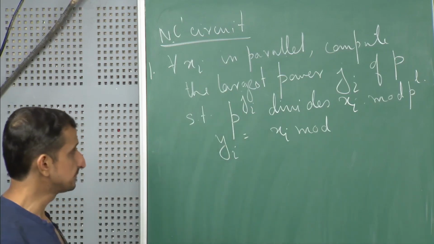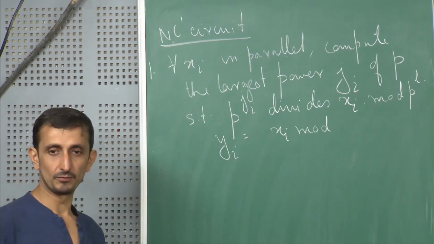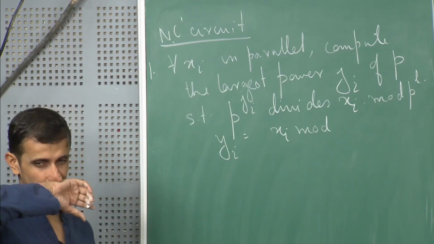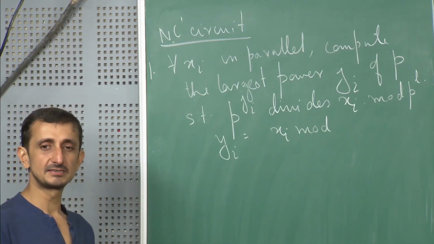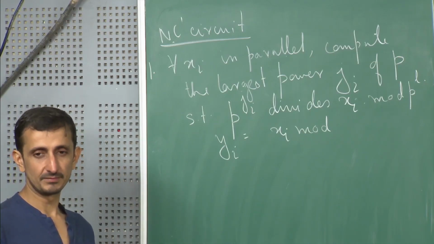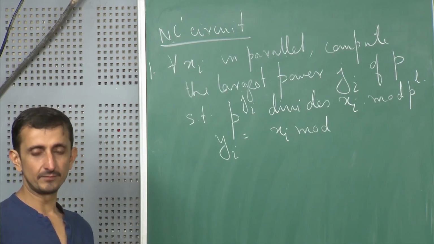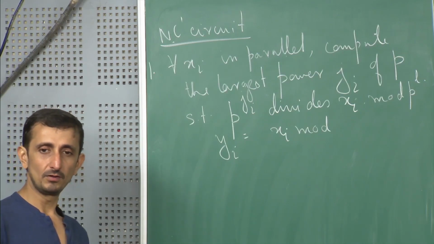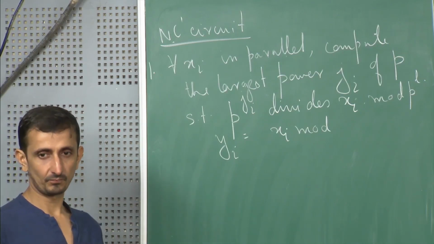P is some prime that is given as input. If you look at the theorem, it says that you are given x1 to xn and you are given a prime power p to the power l, and you have to compute the product modulo p to the power l.